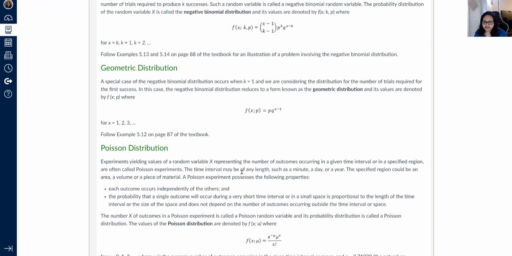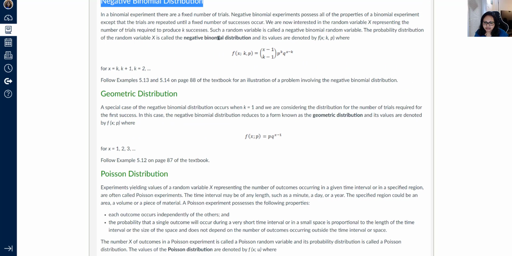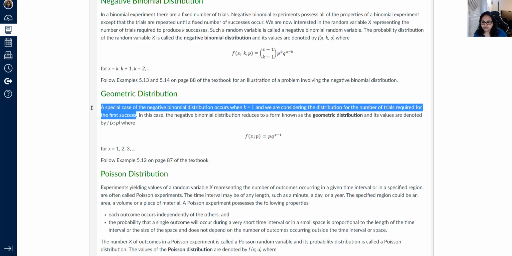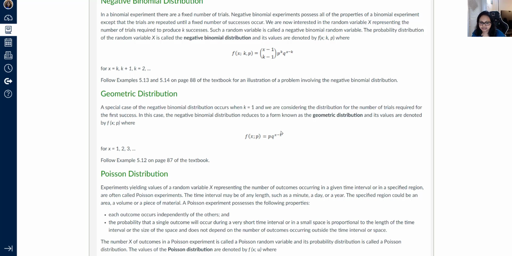Similarly, the geometric distribution is similar to the negative binomial, but the only thing you have to consider is that previously we said a fixed number of successes, whereas here we only consider when we get the first success. Let's say I throw a coin, and when I get the first tail, that's when I stop. That's my first success.